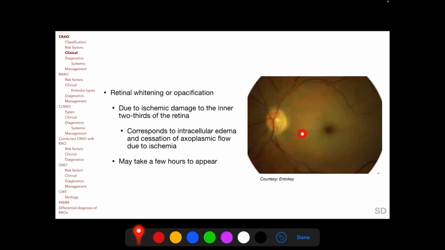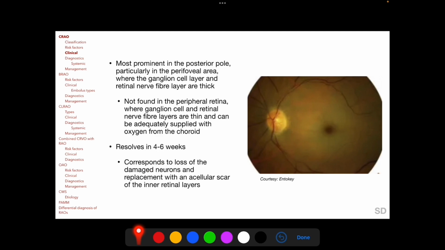This appearance corresponds to intracellular edema and cessation of axoplasmic flow due to ischemia. The retinal whitening may take a few hours to appear clinically following the onset of symptoms. It is most prominent in the posterior pole, particularly in the perifoveal area where the ganglion cell layer and the retinal nerve fiber layer are the thickest.